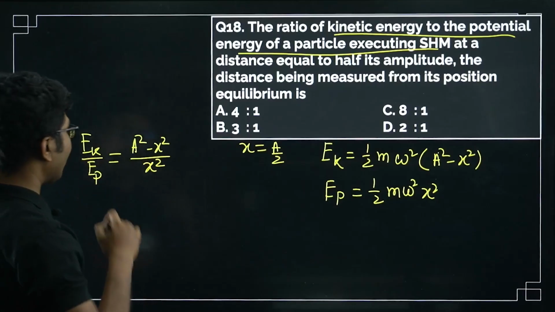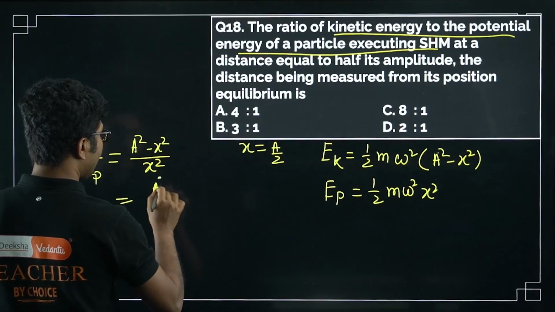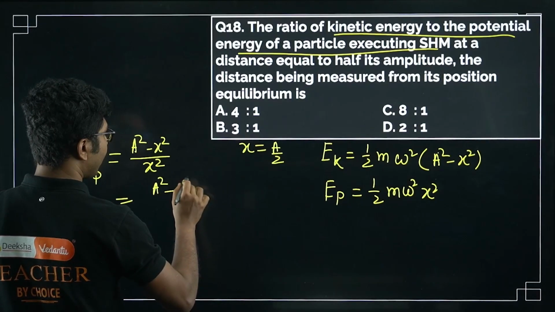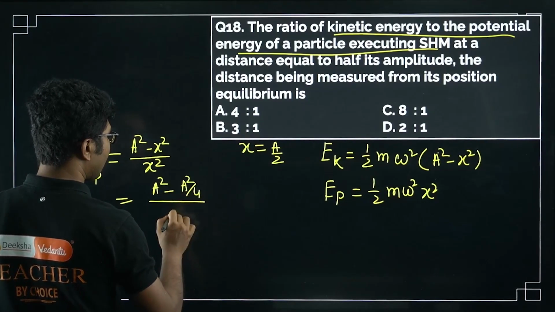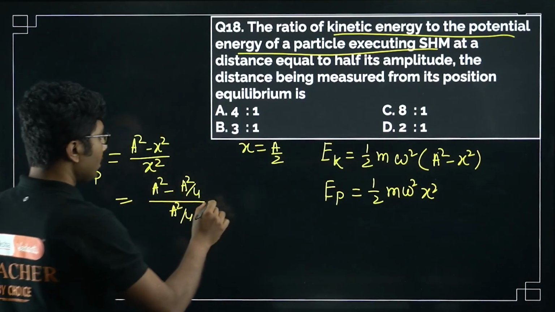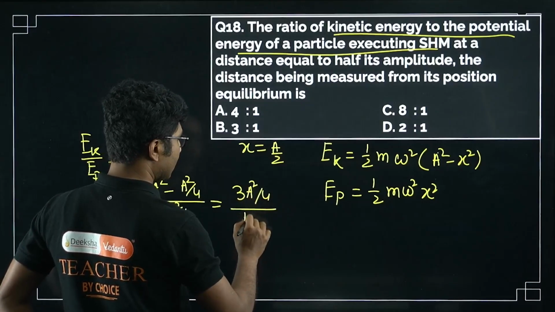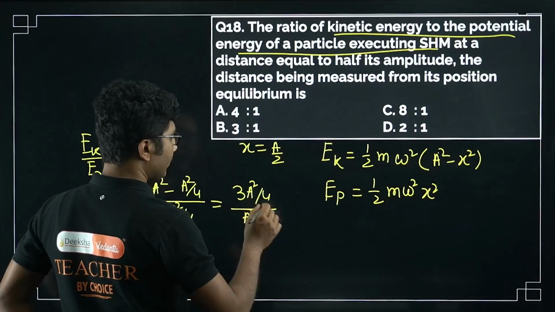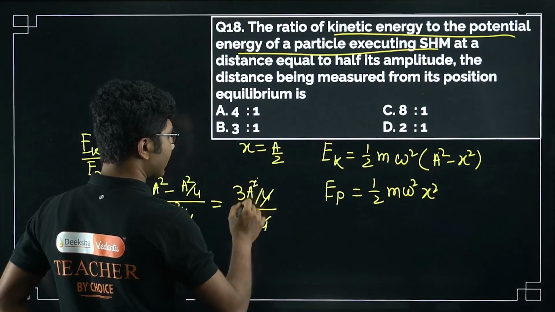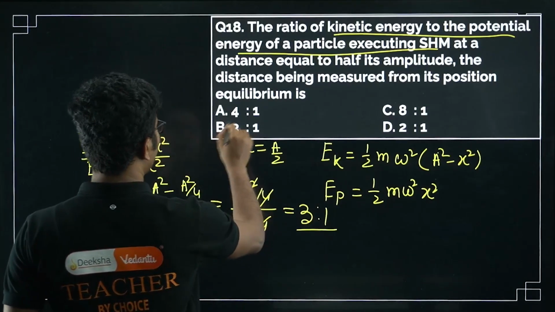Okay, now what is x? x is a by 2, so a square minus a square by 4 divided by a square by 4. Okay, a by 2 whole square is a square by 4, so you get 3a square by 4 by a square by 4. So this 4 cancels, a square cancels, you get 3:1. So answer will be 3:1.